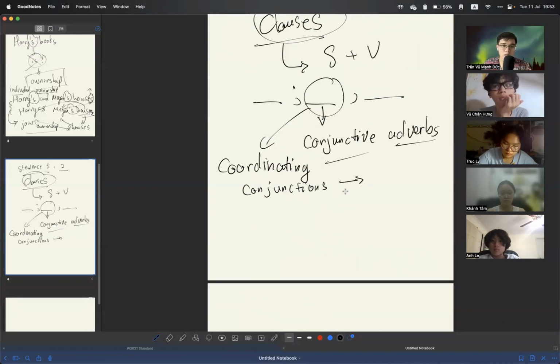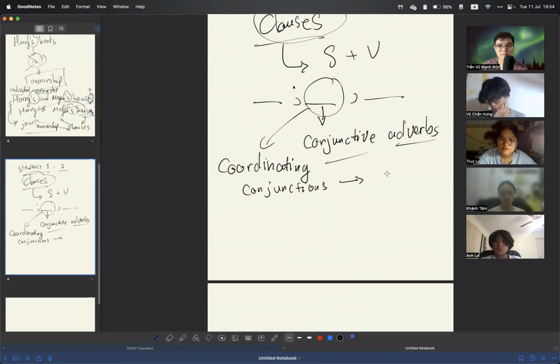Can you remind me what coordinating conjunctions are? The shorthand version, I taught you how to remember the 7 coordinating conjunctions so that you can use them with a comma to turn it into a period. What are the 7?